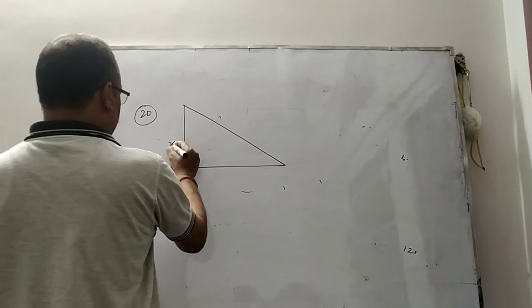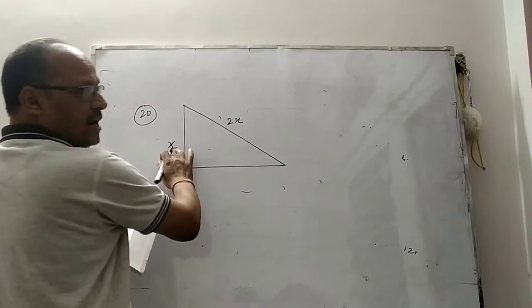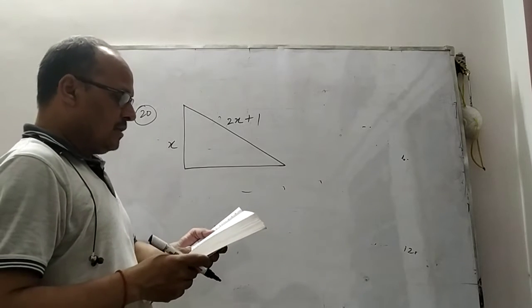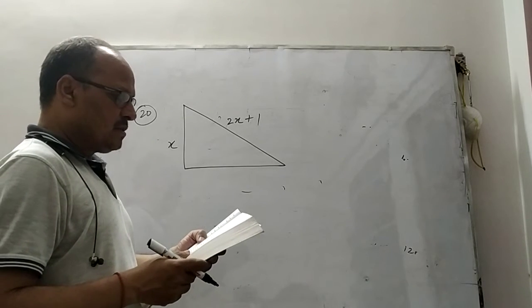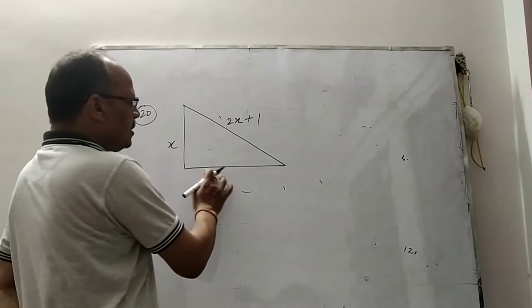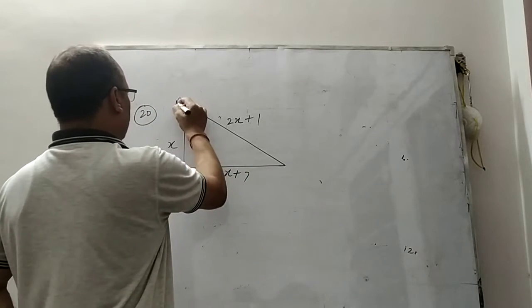We suppose this is the shorter side x. So twice the shorter side plus 1 is 2x plus 1, this is the hypotenuse. And the third side is 7 meter more than the shorter side, so this side will be x plus 7.